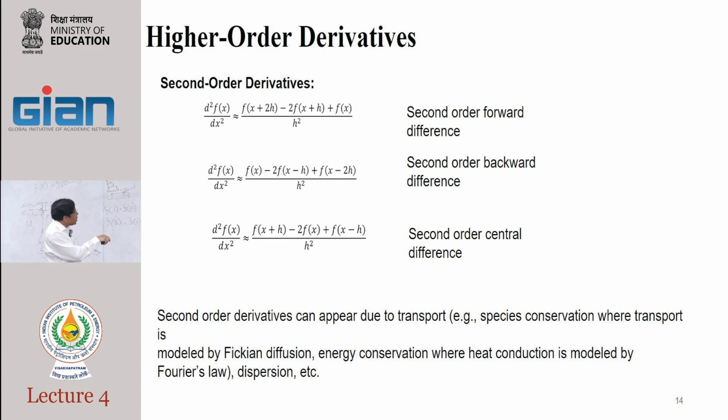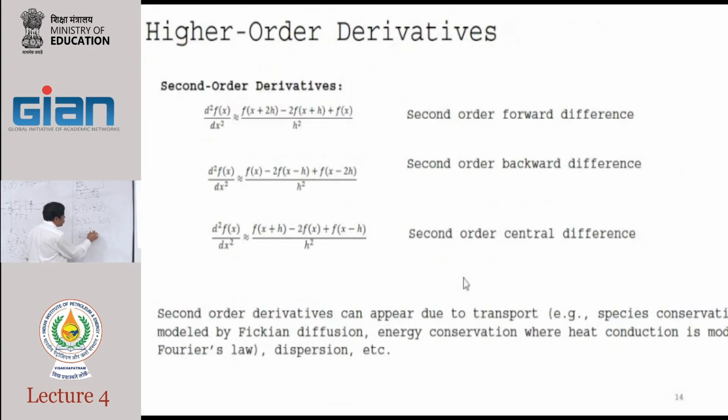These are the second order derivatives because we will be considering Fickian diffusion within the molecules, based on whatever mechanism we consider. The same thing applies to energy conservation, where Fourier's law does that, and dispersion also requires you to consider a second order model. Remember the dispersion equation is given by some k term times d2c/dx2.